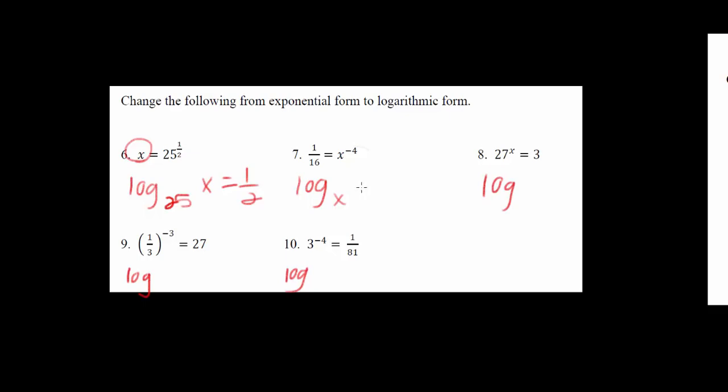That will be our base of the logarithm. And the exponent itself will be what the logarithm equals. And what the exponential equals will be the inside of the logarithm. We have a base of 27, and outside of x, and the inside is 3.